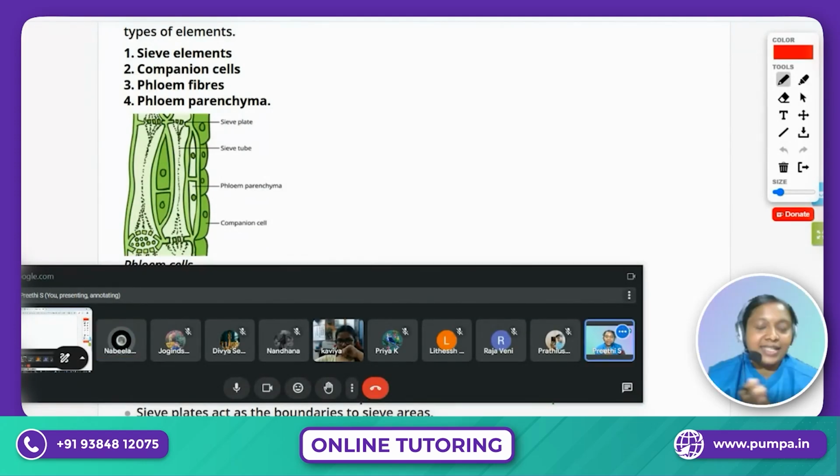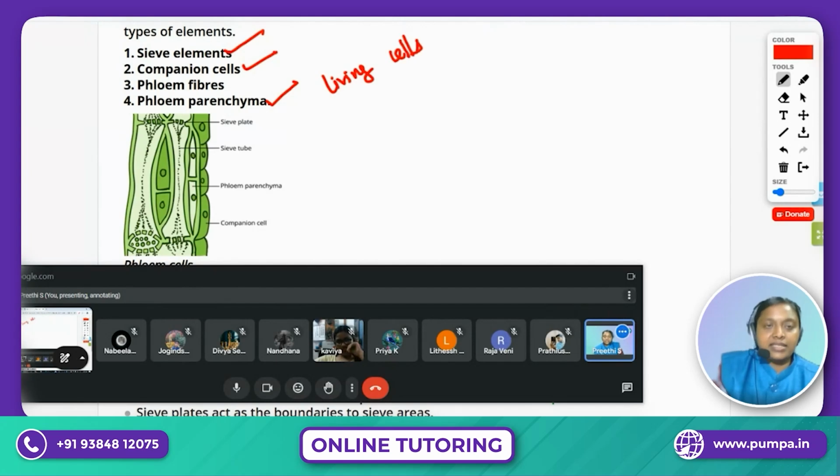Dead cells. But in the case of phloem, it is the opposite. The living components are abundant in the phloem. Phloem parenchyma, sieve elements, companion cells, everything will be living cells.